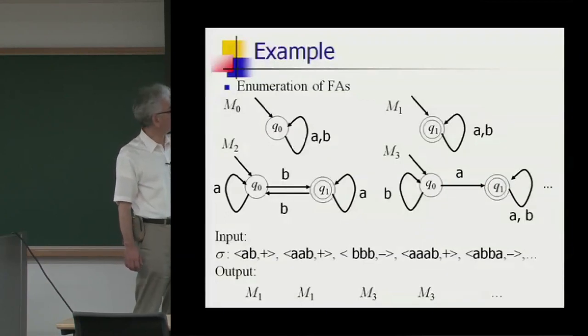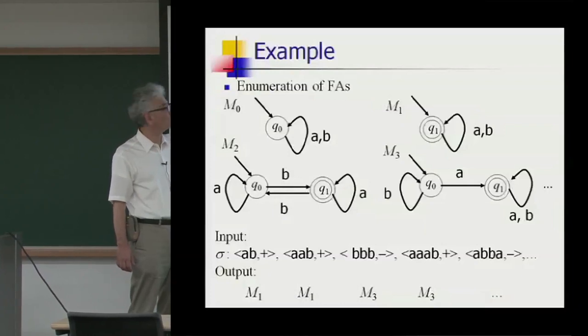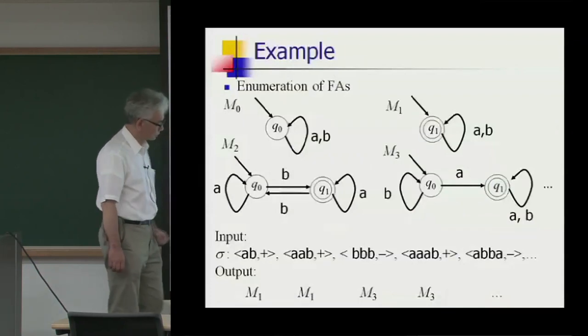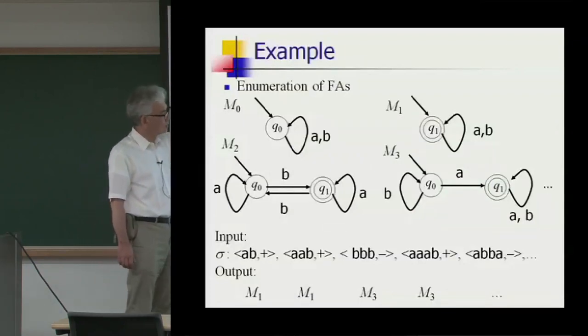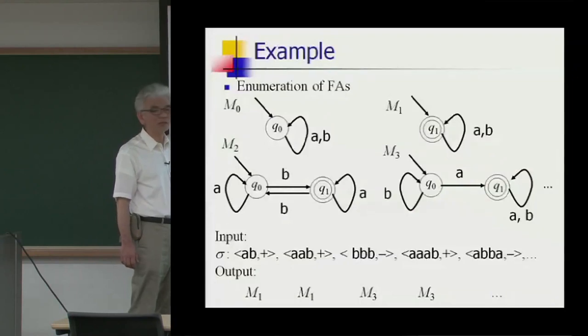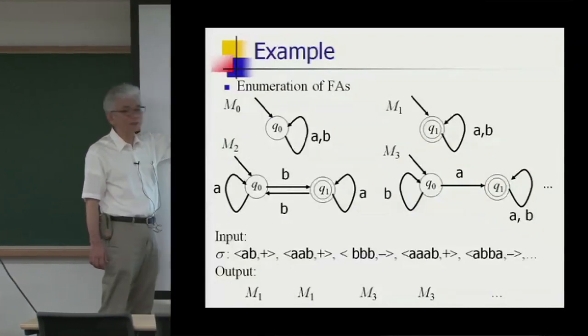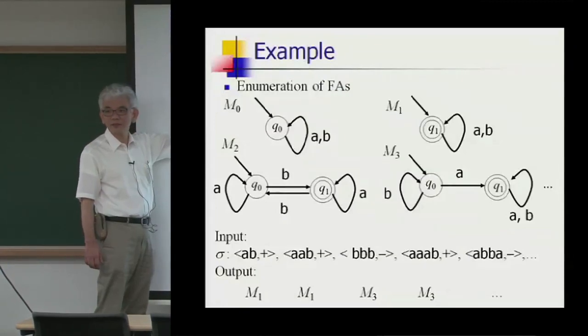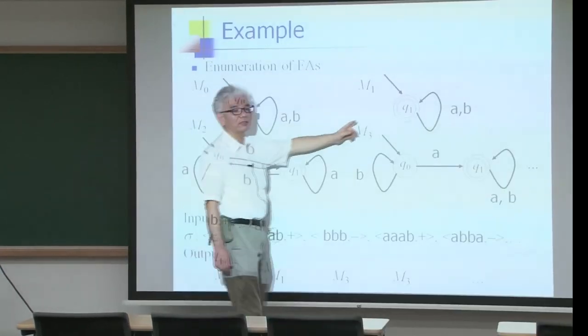And as you can see, this automaton cannot accept any string. There is no final state here. So we throw away this automaton as a conjecture, and next we check this one.